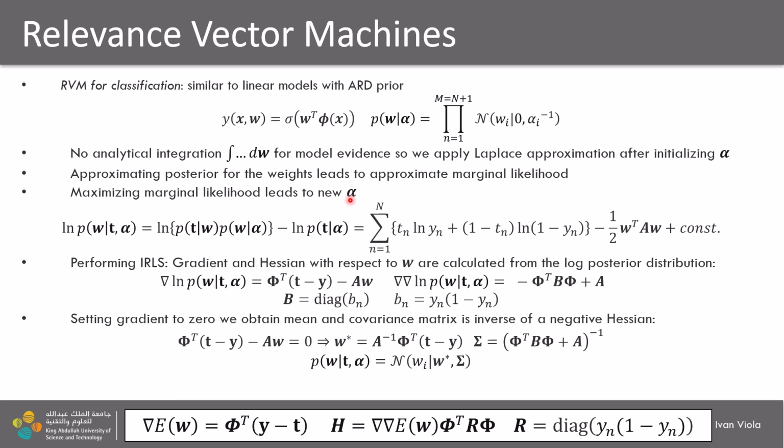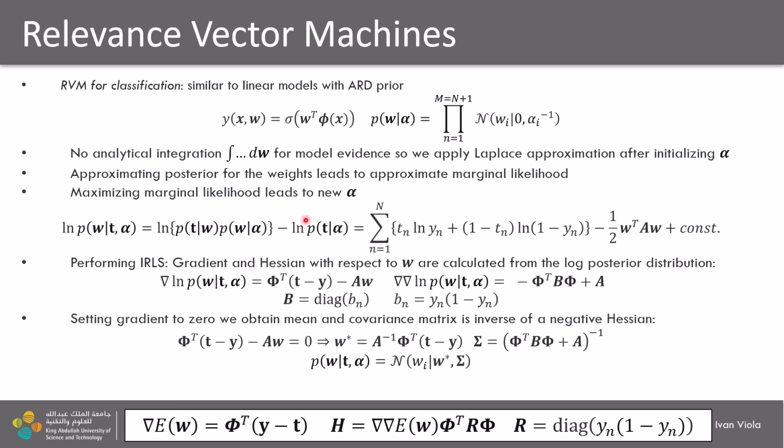So we can express the log of our posterior probability distribution of the weights, based on Bayes, as the product of the likelihood and the prior, and therefore here we also have our model evidence, or marginal likelihood, which would be in the denominator.